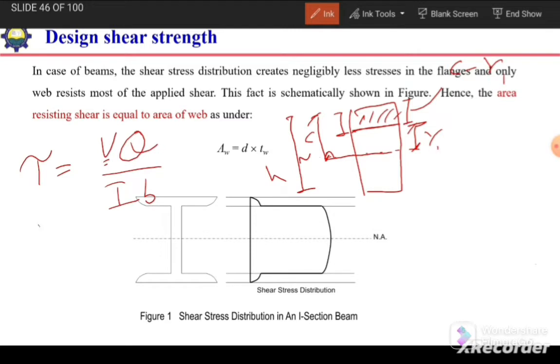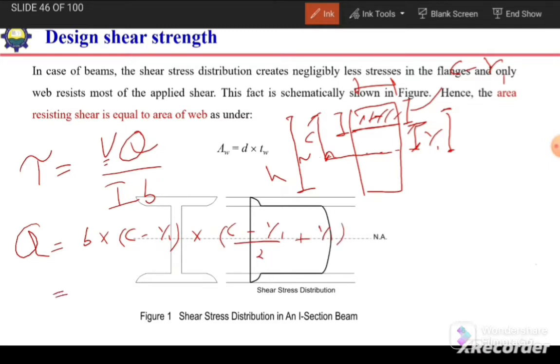So the first moment of area Q will be equal to the area, B times c minus y1, multiplied by the moment arm, from the neutral axis up to the centroid of this shaded area, which will be equal to (c minus y1) divided by 2 plus y1.